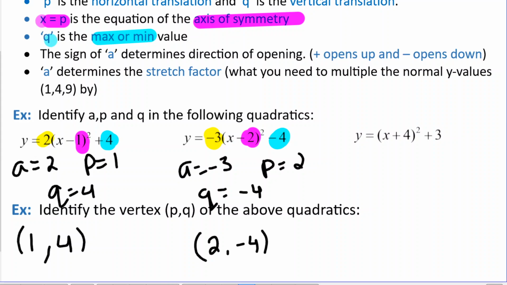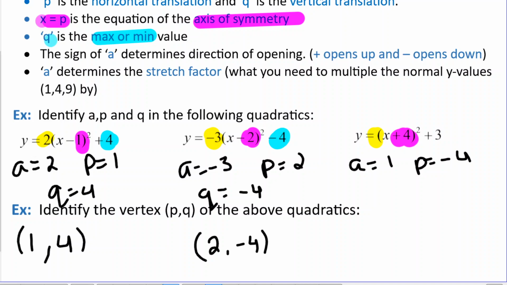In the last one, a, well, a is our coefficient out front. If I don't have a coefficient, remember, anything can be multiplied by 1. Everything has an invisible coefficient of 1 if we don't see anything there. That just means that it hasn't been stretched at all from our original graph. p is the number following the subtraction sign, so we want to be extra careful here. A plus 4 is actually a minus negative 4.